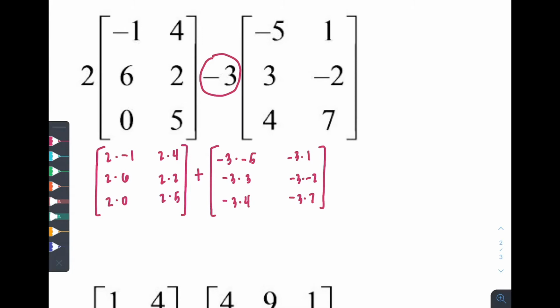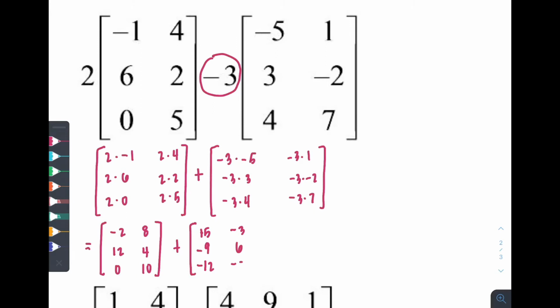Okay, so when I multiply by -3, this becomes addition, which is much easier to deal with. So then, dropping down here, we will multiply these out. So I have -2, 12, 0, 8, 4, 10, plus the matrix 15, -9, -12, -3, 6, and -21.